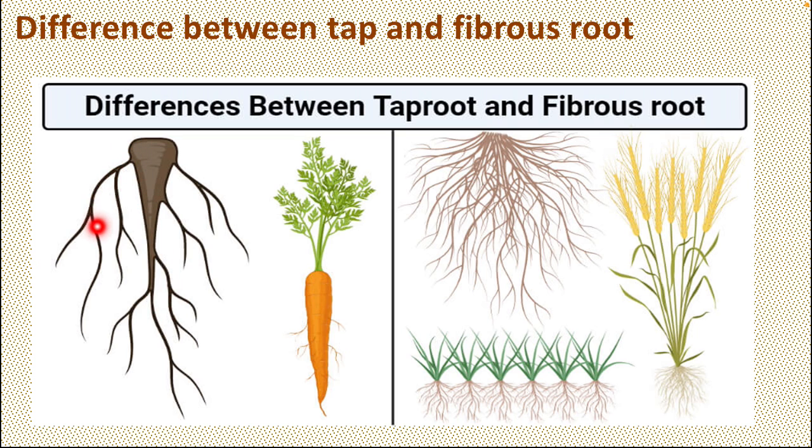And on the other side you can see this is the taproot, and this is the single root called the primary root. You can see this is the primary root, and this is a strong root, and then the other roots come from the primary root.